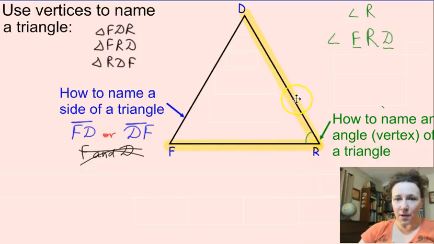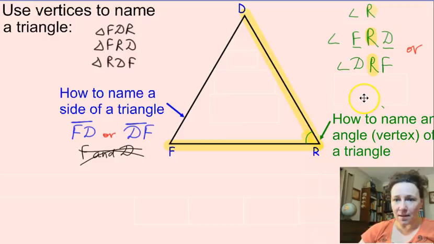I could go counterclockwise and name it FRD, or I could go clockwise and name the same angle as angle DRF, but I have to make sure that vertex around which I placed my curve, the vertex of interest, is still in the middle of that name.